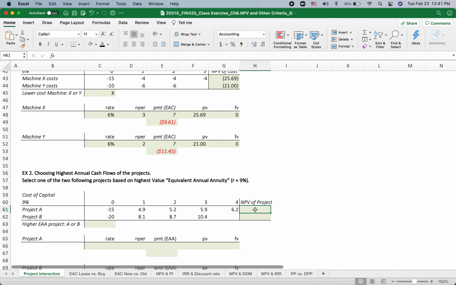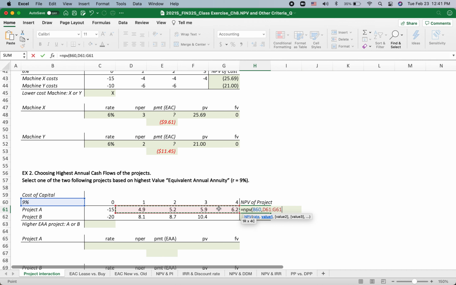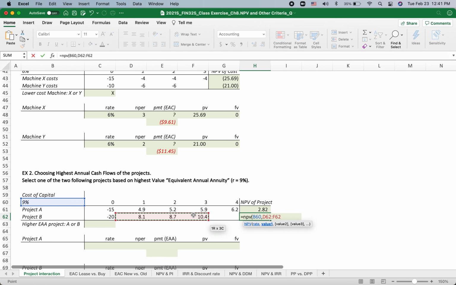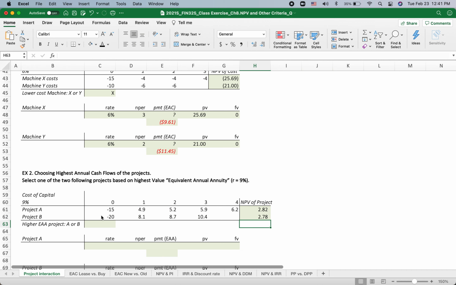NPV of the project: we need to calculate first 9%, then drag 4 years, plus the beginning, and then 2.82 is the NPV of project A. Also the NPV, the rate, then the year, 2.78.